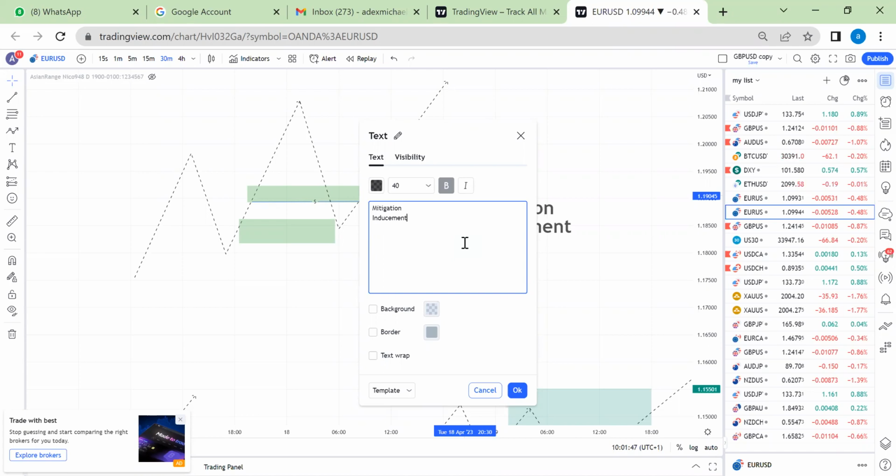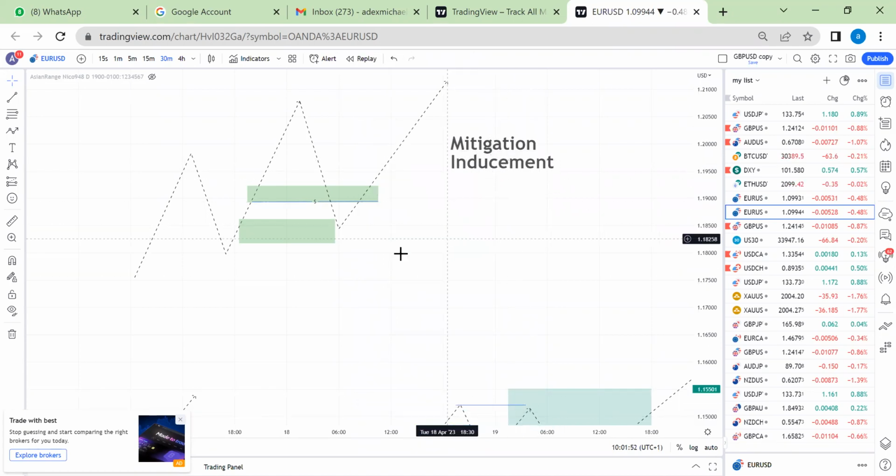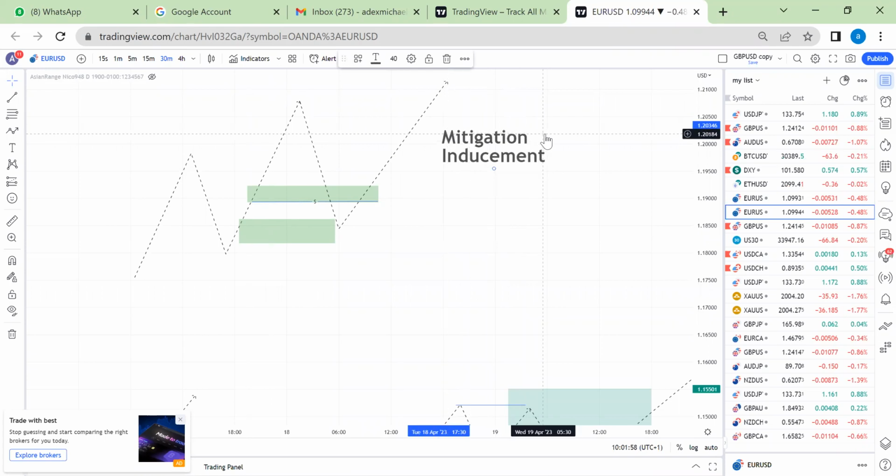These two words are where we'll be starting our next class from. They are very easy. I've already explained them, but I'll just show you that this is what mitigation is and this is what inducement is. That will round up our class for today.